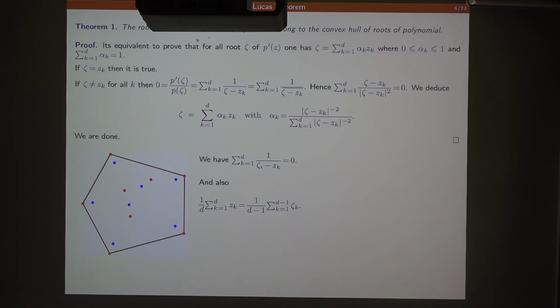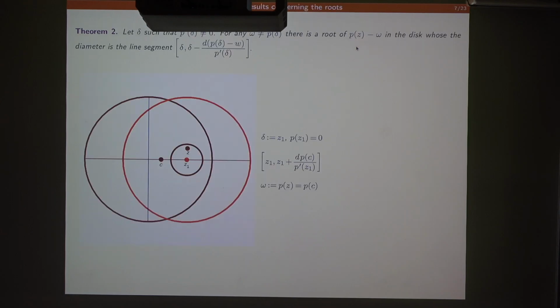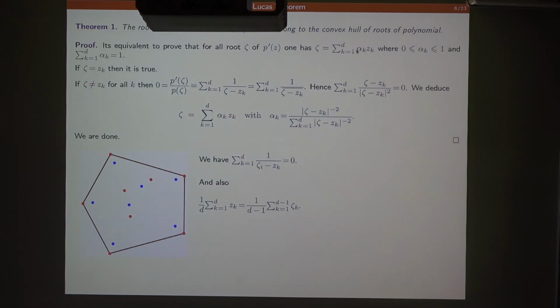And the convex combination is like this, zeta written like that. Oh, sorry. And the interesting case is when zeta is different from the roots of the polynomial, at this step here.